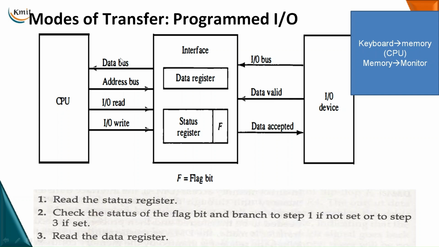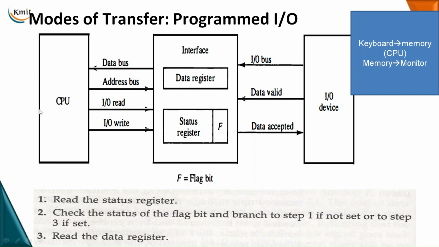It places this information on the data bus and the information is copied into the memory unit with the intervention of the CPU by enabling the IO read operation. This is how the CPU reads the information from the corresponding peripheral device, which is an input device such as a keyboard, and places it into the memory unit of the computer.